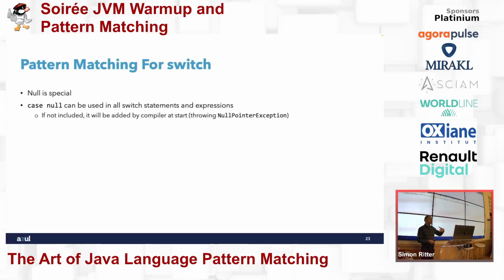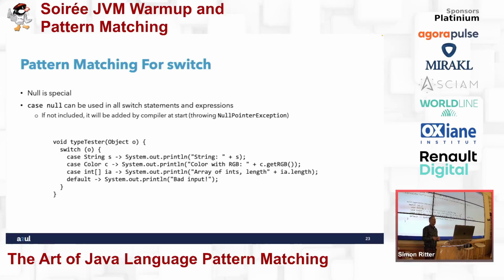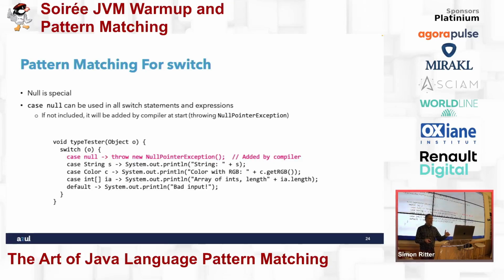We don't want you to have to go and add a case null for every single switch statement you've ever used. So if you're using a more modern version of Java, the compiler will insert it for you. So effectively, if you compile this piece of code where you've got String, Color, int array, and default, the compiler will insert a case null, which will throw a NullPointerException.